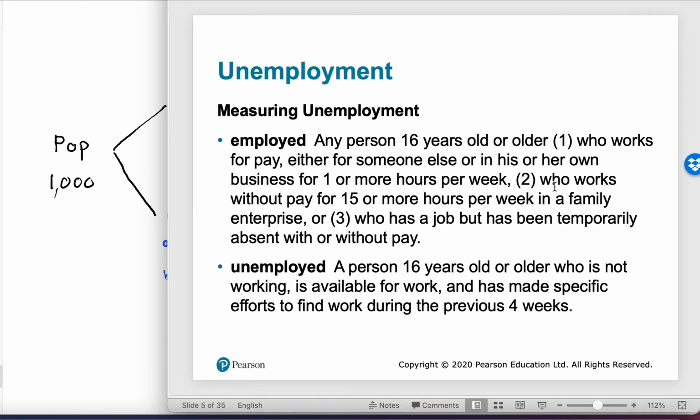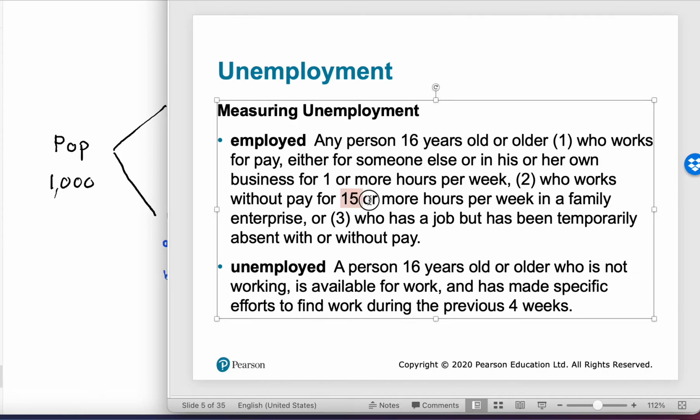The second group are the people who work but don't get payment, and the number of hours should be 15 or more hours per week. So if you're working 15 hours or more, even if you don't get paid, you're considered as employed because you are producing something.